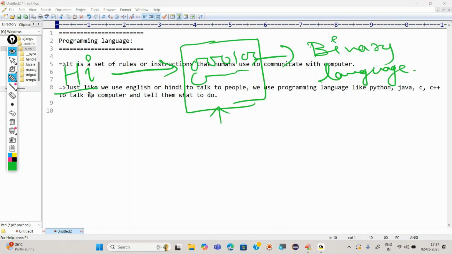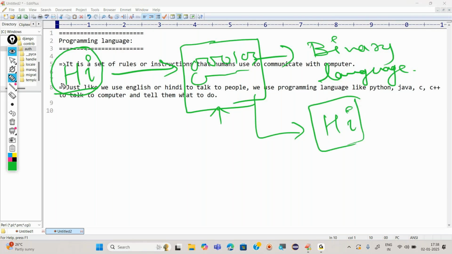So what we have done is, whenever we send hi, the system should interpret it and give an output as hi in the console. That means it is the responsibility of the system to understand this hi, and the hi is not sent to the system directly.